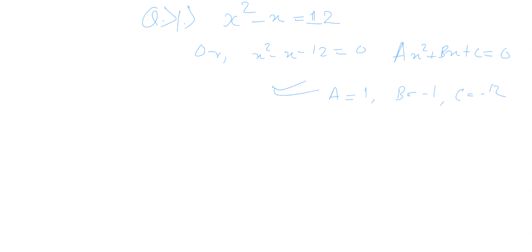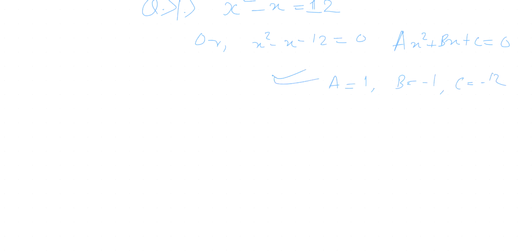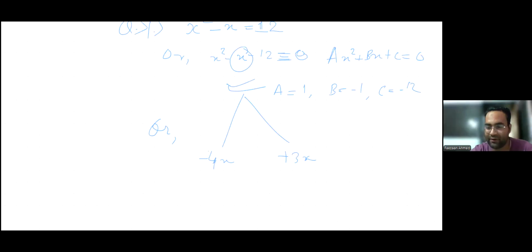It's an equation because we are equating it to something, right? Okay. Now, there is this idea that you learn in school where you take the middle term and split it into two terms. What I have done over here is split it into minus 4x and plus 3x. Please check once what I have done.